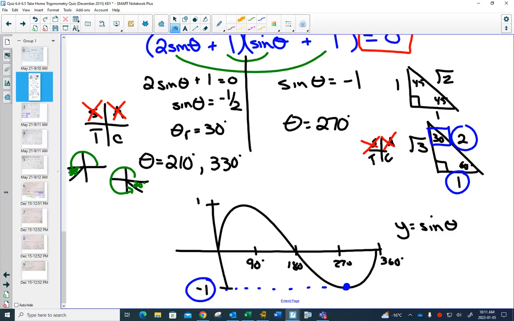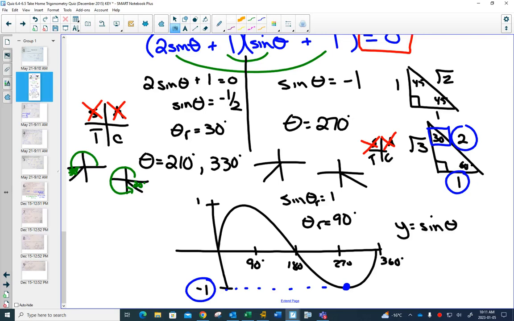And then you would have probably drawn a picture in quadrant 3 and quadrant 4, and then found your reference angle. You would find your reference angle by using the positive value, so it would be +1, going to your calculator, doing sine inverse of +1 on your calculator, and your reference angle would come up on your calculator as 90 degrees.